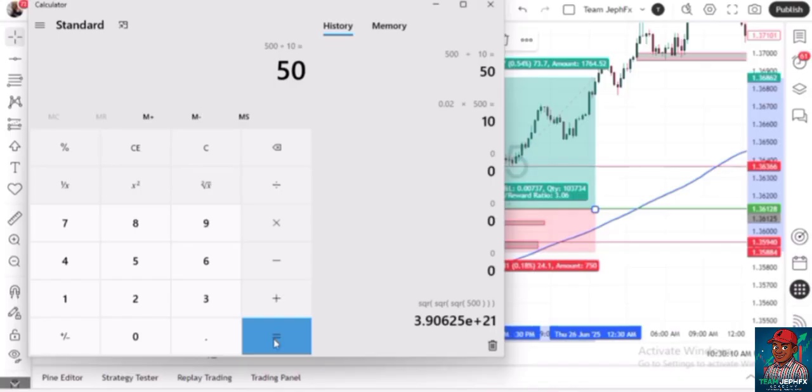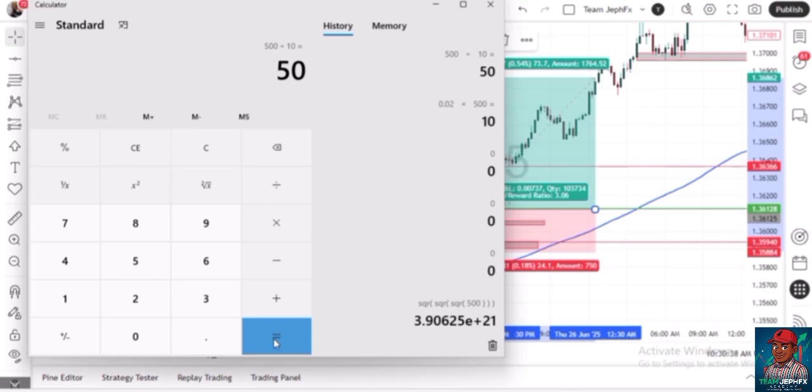So as a quick recap, what we've discussed in this video so far is that before you take any trade, it is very important to calculate your stop loss and your TP, meaning you already know what you are risking. Even if someone asks how much you are going to lose if the trade goes against you, you can say the amount. And if the trade goes in your direction and you hit your TP, you can say how much you are going to gain.